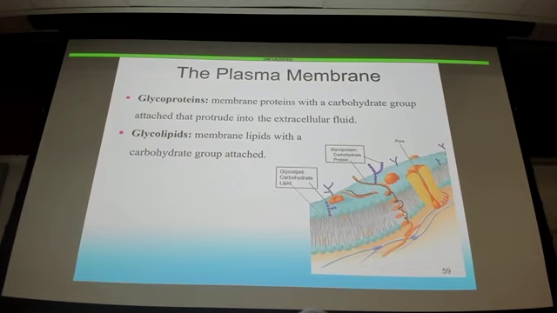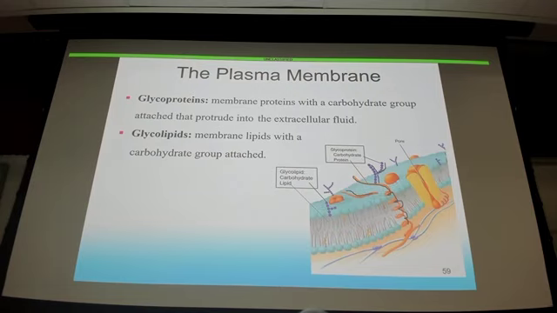But sometimes you have a carbohydrate group that is attached to a protein. If you take a carbohydrate and attach it to this integral protein, that's called a glycoprotein. Sugary protein: a carbohydrate group and a protein.